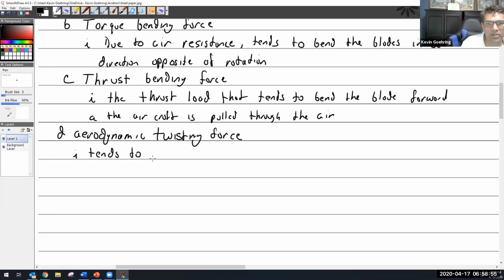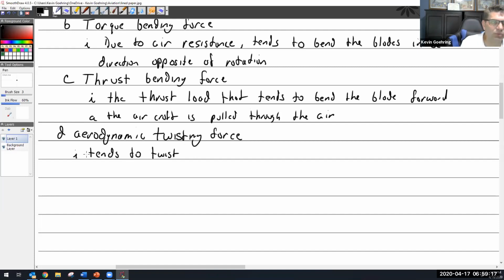I know we're really talking about fixed pitch propellers, so this doesn't play that much into fixed pitch, but imagine we have a constant speed, which does twist the blades. The blade angle varies depending on what the pilot wants, so the pilot can actually do that.